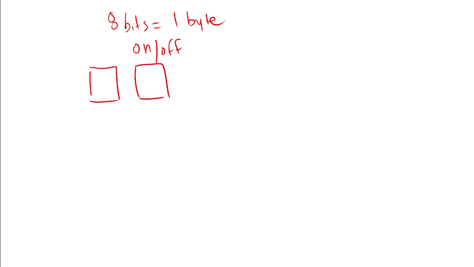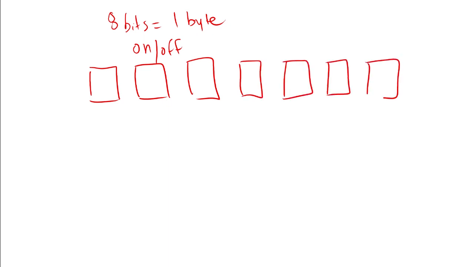Remember that there are 8 bits in 1 byte, and computers are only on and off. So the way a computer counts is it has these things called buses, and there's 8 of them, and it either turns them on or turns them off.